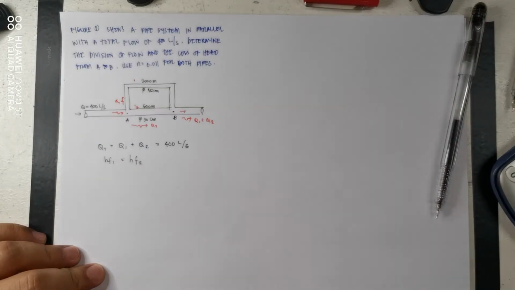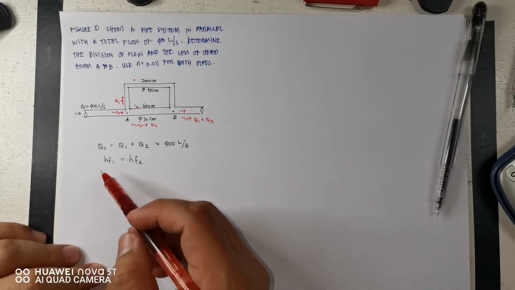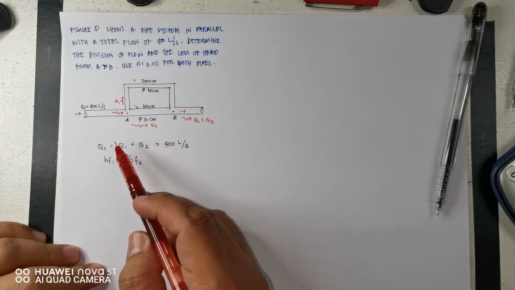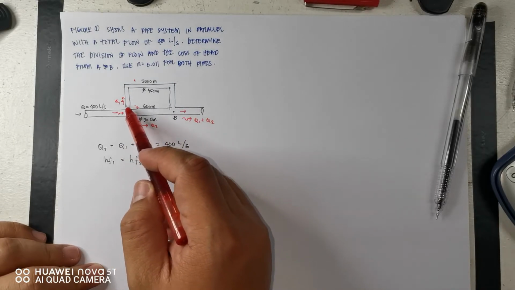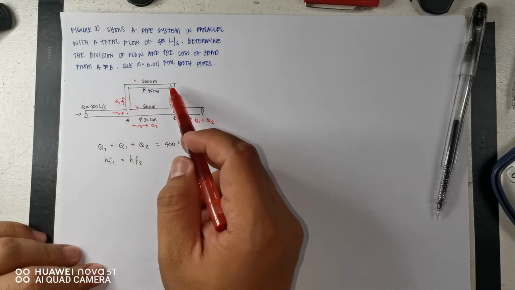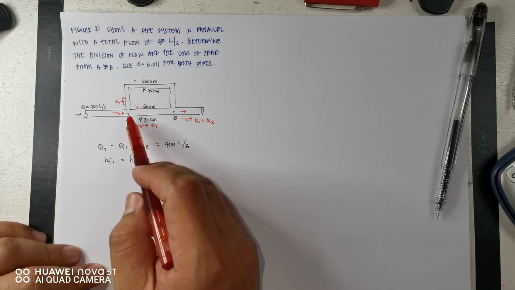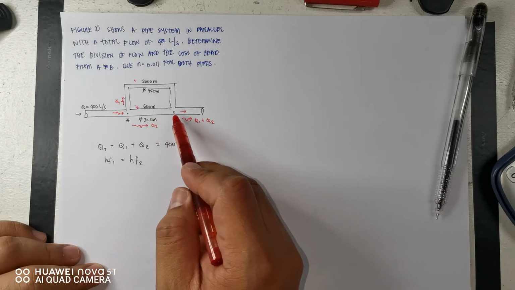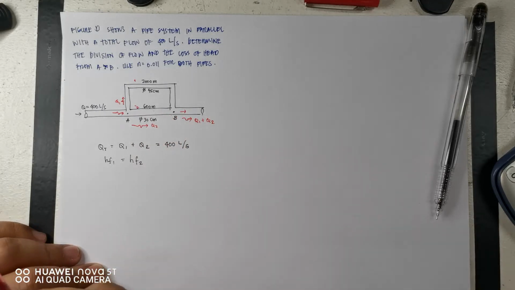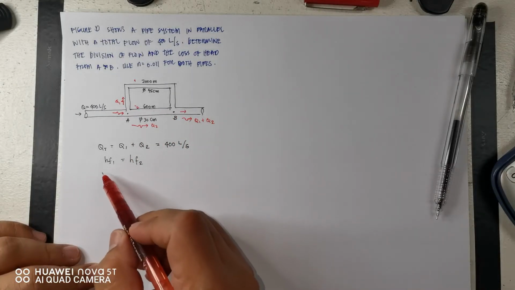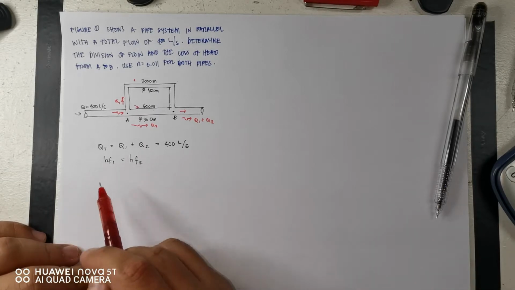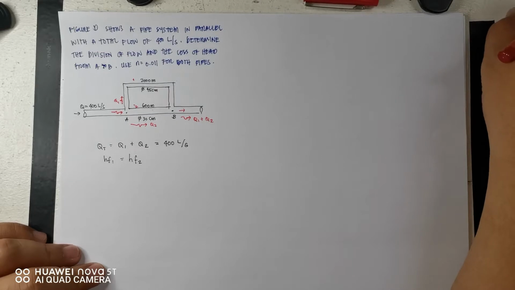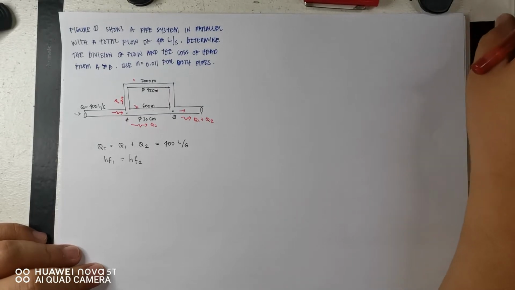Pagdating naman sa head losses, dito sa pipe 1 tsaka sa pipe 2, sinasabi na yung head loss due to friction from point A na dumaan sa pipe 1 at tsaka yung head loss from point A papunta sa point B through pipe 2 is equal lang. So in this particular problem, HF1 is equal to HF2. Yan ang mga magiging working equations natin for this.